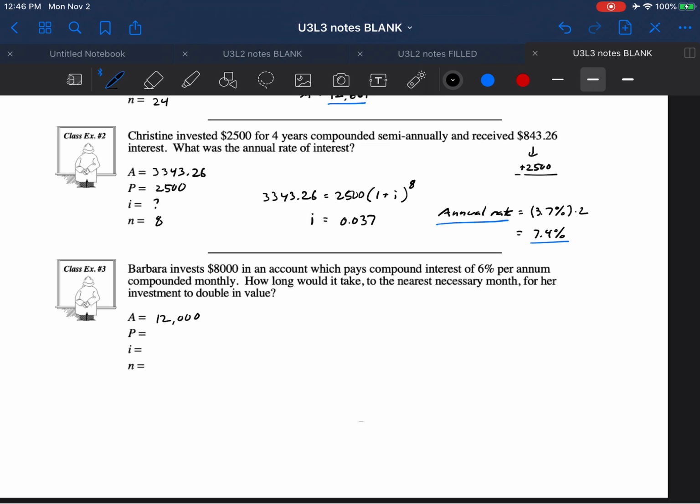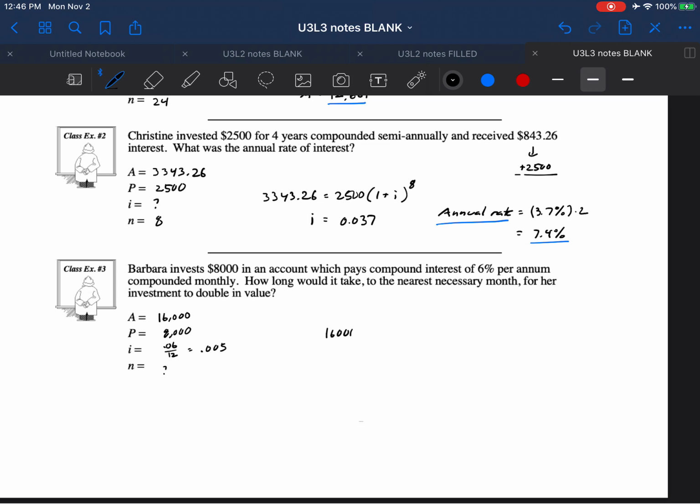So we've got 16,000, that is 8,000 doubled. The principal is 8,000. The rate is 0.06 annually divided by 12, so that's 0.5% per month. And N is our unknown.